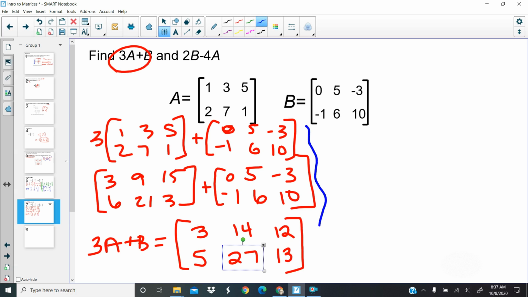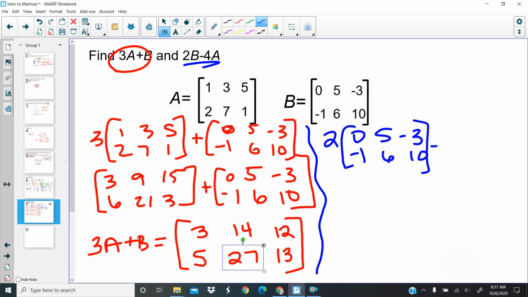So then I'm going to come over here and do 2B minus 4A. So first I need 2B. So that's 2 times this matrix, 0, 5, -3, -1, 6, 10. And I want to subtract 4 times matrix A, which is 1, 3, 5, 2, 7, 1.